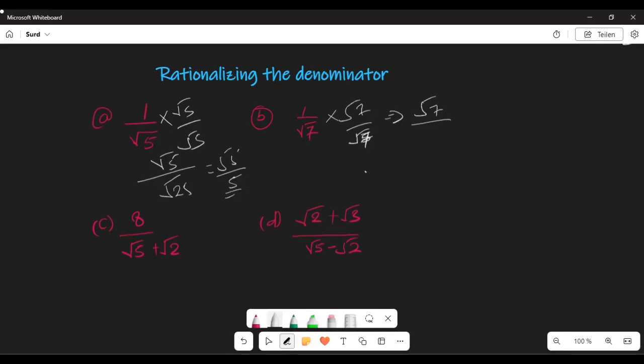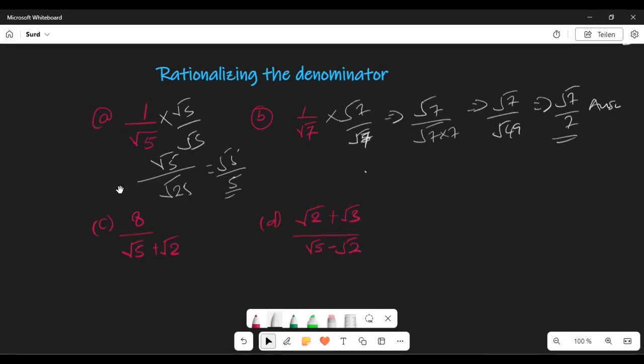So this is going to be just under one root. That's going to be 7 multiplied by 7. So that's going to be equivalent to root 7 over root 49, which finally becomes root 7 over 7. So this one becomes our answer. Okay, so that is when it's just a single term in the denominator.